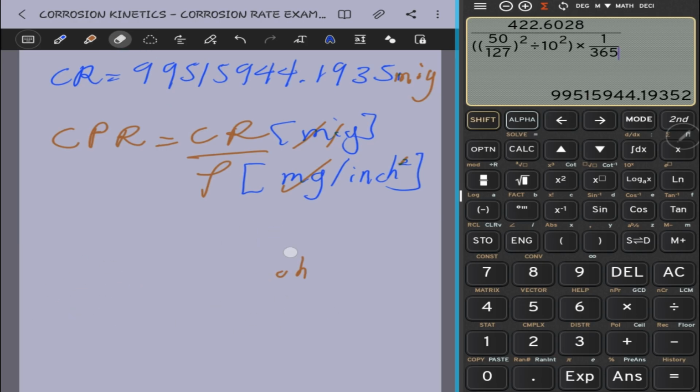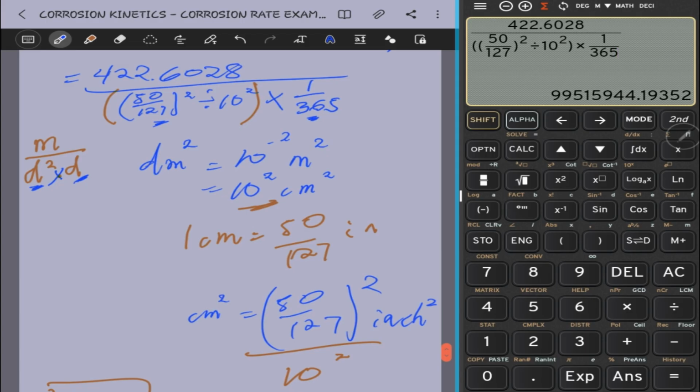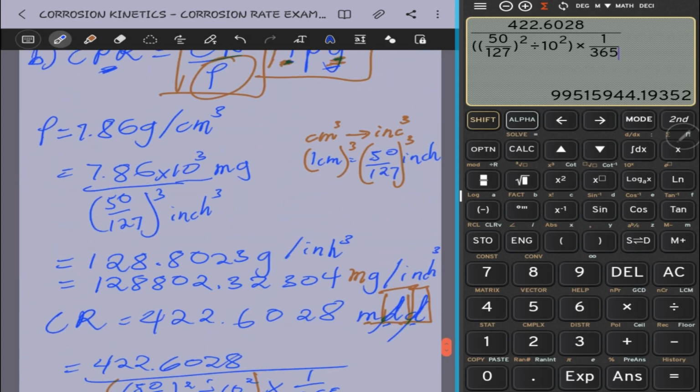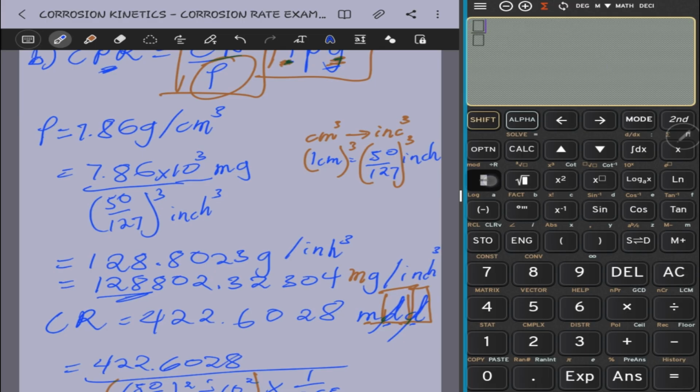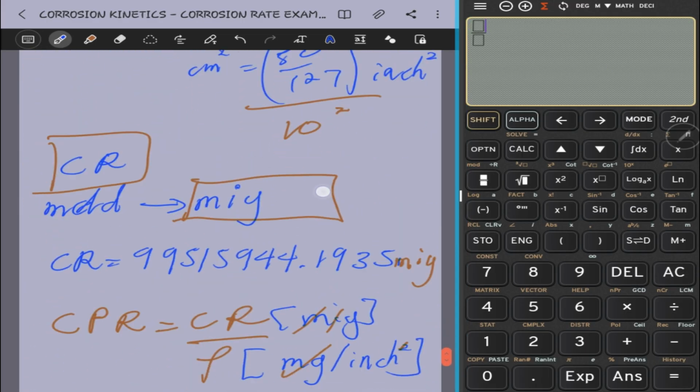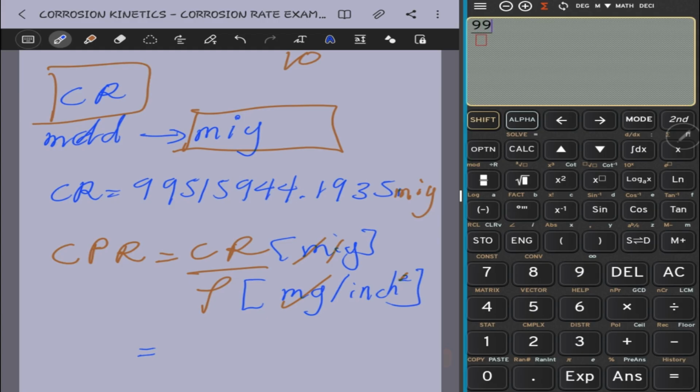We have all the values that we need, right? So the CPI we are looking for will be this 199 something divided by the density that we had after all the conversions, right? Let's make everything clear. The CR that we have is this, 99515944.1, sorry, 1935, right?